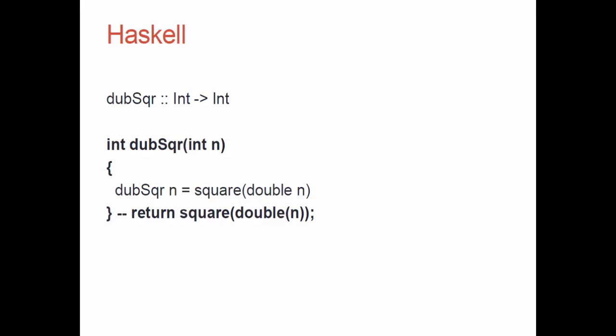Since this is a different function than doubling or square, it has its own name. So anytime I say square the double n, meaning if I say double square 3, first 3 will be doubled as 6 and then squared as 36, and the return value is, as expected, 36.